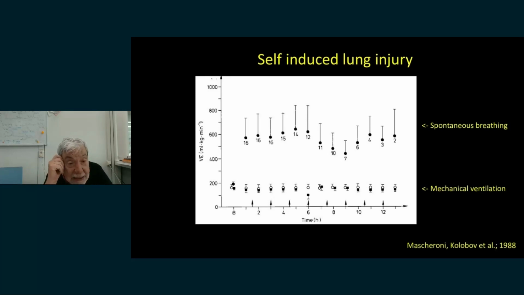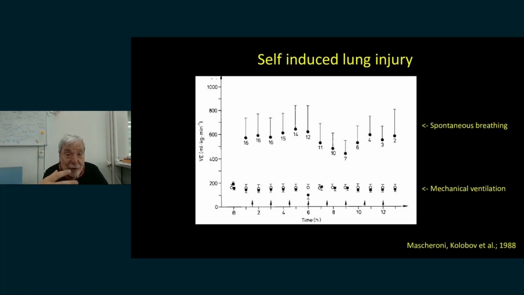Together with Mascheroni, Fumagalli, and others, in the '80s, when nobody spoke about this kind of thing, they were injecting some acid into the cisterna magna of sheep. And what did they find? A tremendous ventilation, because the spontaneously breathing sheep wanted to breathe, since they had acidotic fluids in the brain.